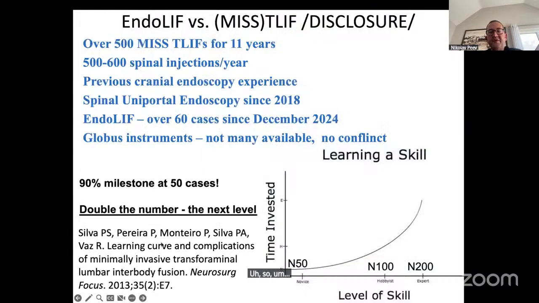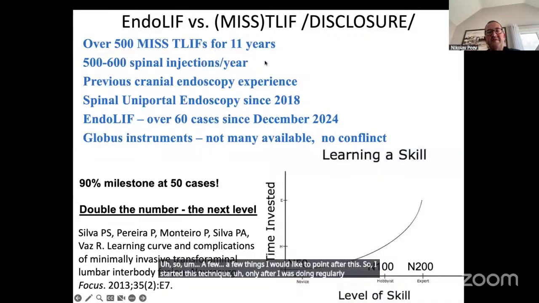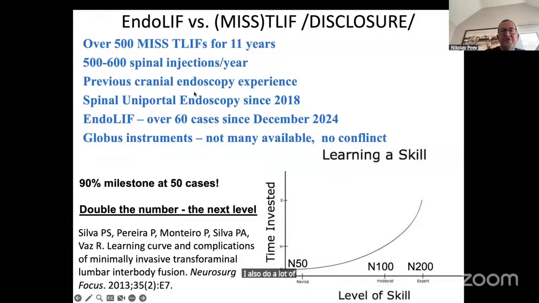A few things I would like to point out after this. I started this technique only after I was regularly doing minimally invasive TLIFs for the last years, and I have done a good number of TLIFs. I also do a lot of injections in my practice. Last year I probably did 500 to 600 spinal injections.